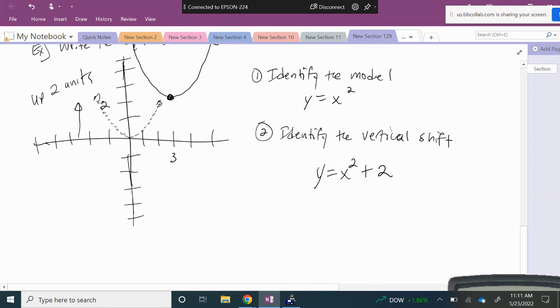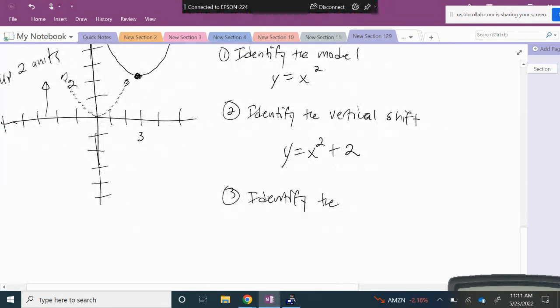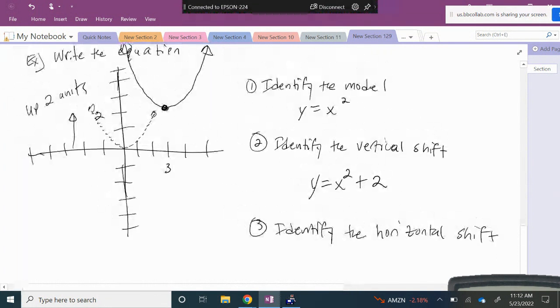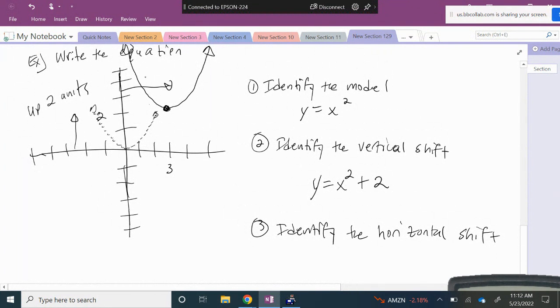So once we moved it up 2 units, now let's identify the horizontal shift. Right, so horizontal can either go left or it can go right. So once we shifted it up 2 units, then we shifted it over 3 places to the right. So how can I write that out? Okay, so 3 units to the right.